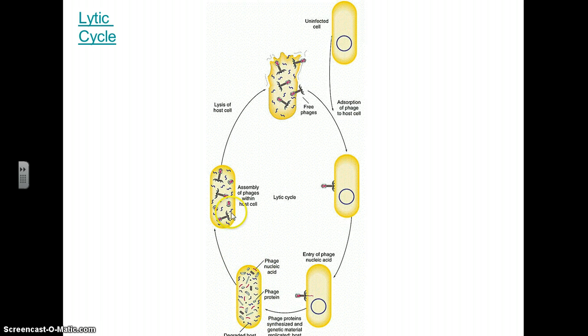It makes viral DNA, and it makes the capsid, the protein covering that the DNA will be put into. After these parts are made, the phages are assembled inside the bacterium, and then the bacterium breaks apart, or lyses. Lysis is the splitting of something, and then those viruses are released, and the cell is severely damaged or destroyed in that case.